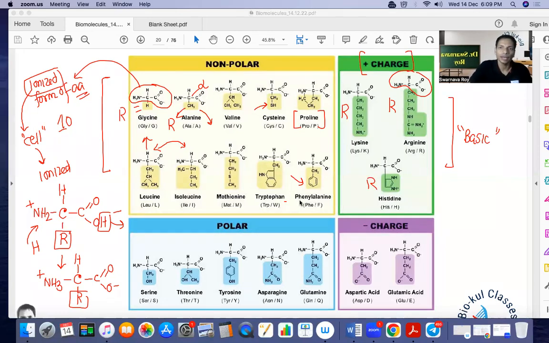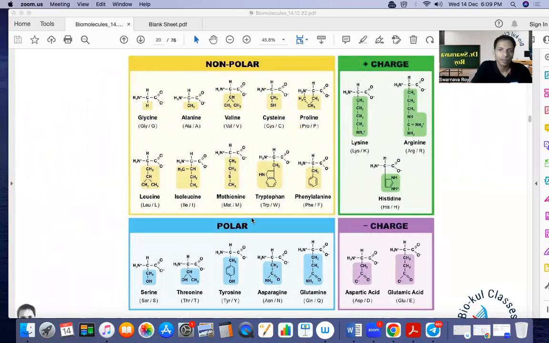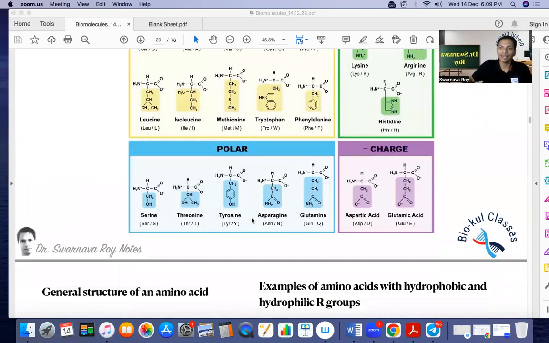We also have the polar amino acids. That means they are hydrophilic, meaning they have affinity for water. So we have serine.